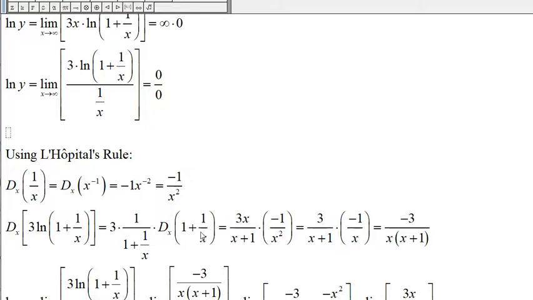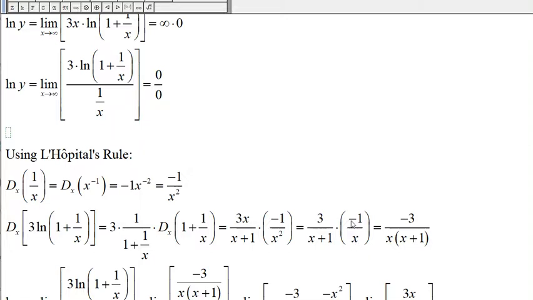The derivative of 1 plus 1 over x: derivative of 1 is 0, derivative of 1 over x is negative 1 over x squared. So we get negative 1 over x squared. x dividing by x squared, then we get x down here.